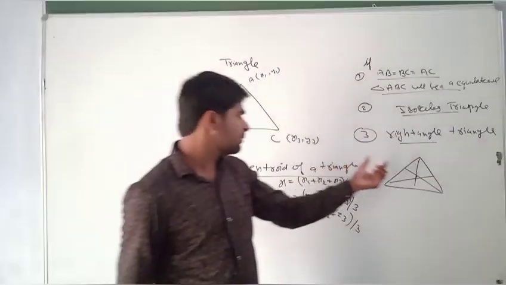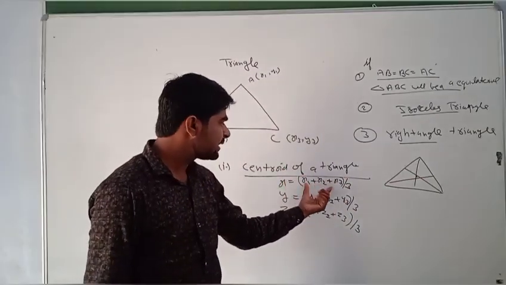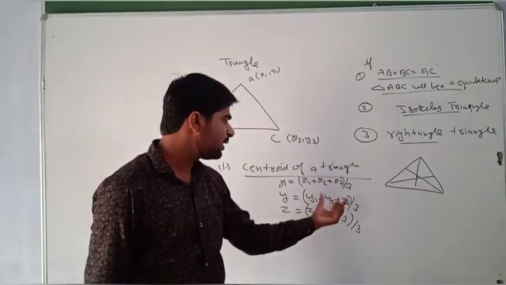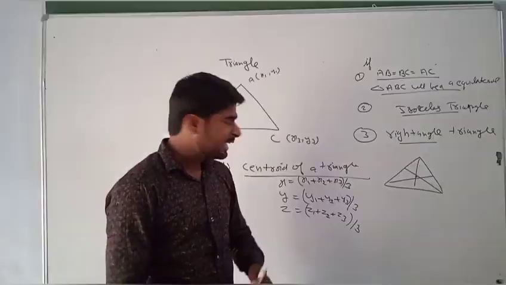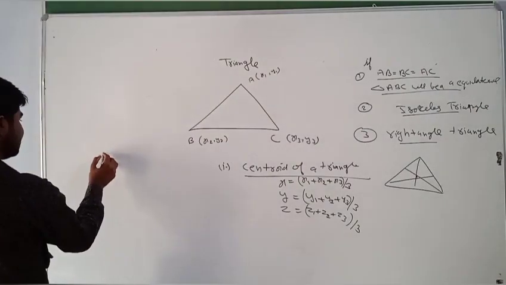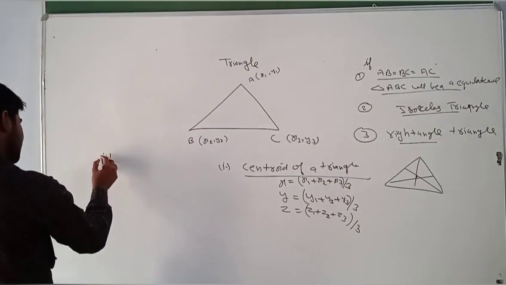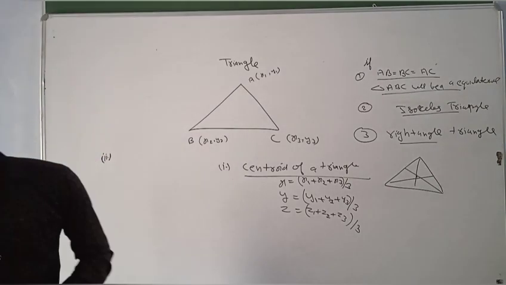So for finding the centroid, the formula is x1 plus x2 plus x3 by 3, y1 plus y2 plus y3 by 3, z1 plus z2 plus z3 by 3. After the centroid, we will discuss the circumcenter.